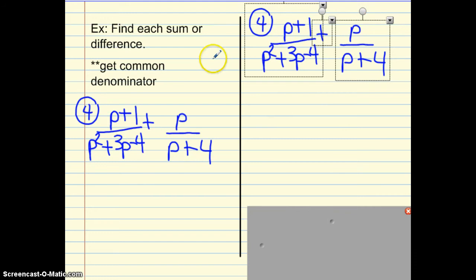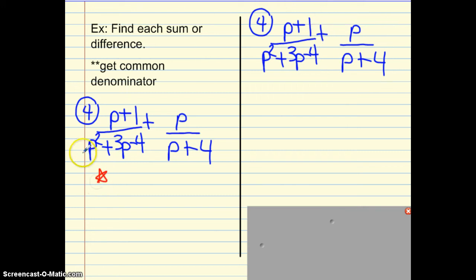All right. In our next example, an important thing that we're going to have to do is we're going to need to factor this bottom expression. So we need stuff that multiplies to -4 and adds to 3, which would be 4 and -1.